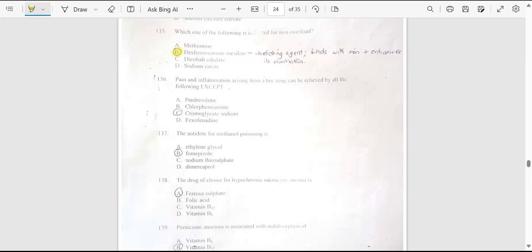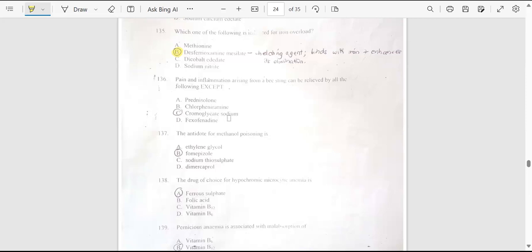This is a mast cell stabilizer, cromoglycate sodium, used for allergic rhinitis and also asthma. Fexofenadine is an antihistamine.